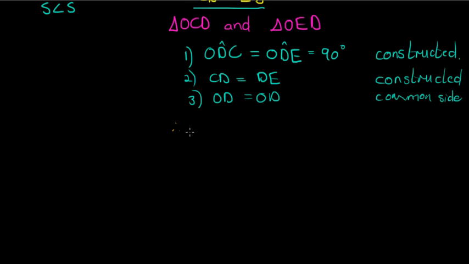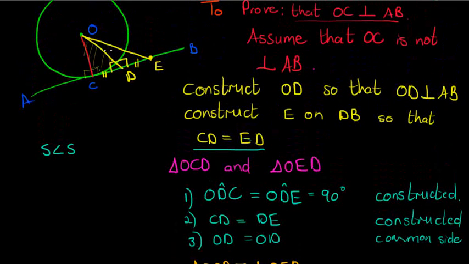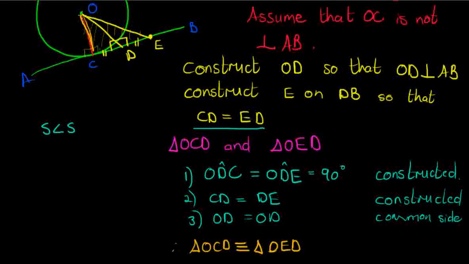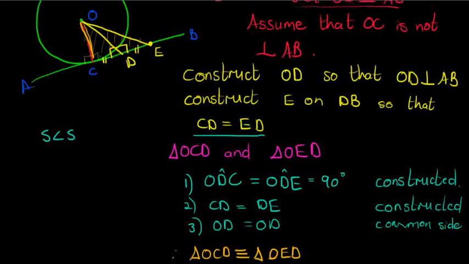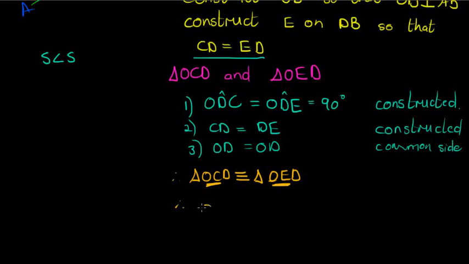Therefore, I can now assume that triangle OCD is congruent to triangle OED. So this triangle and that triangle are congruent. That means all of these sides have equal lengths, which means that side OC must be equal to side OE. Therefore, OC is equal to OE, from congruence.